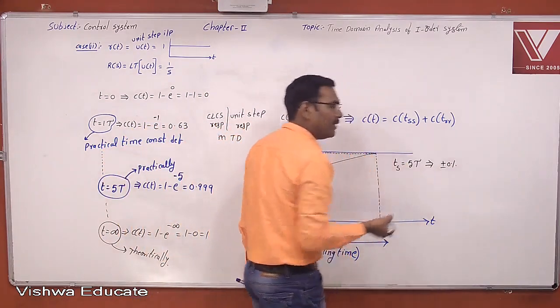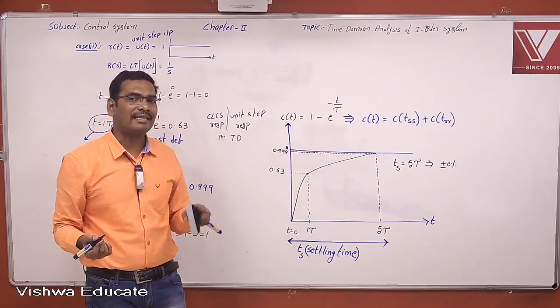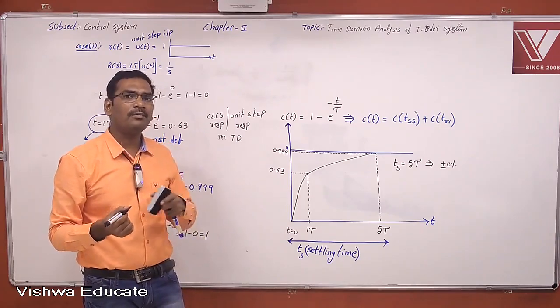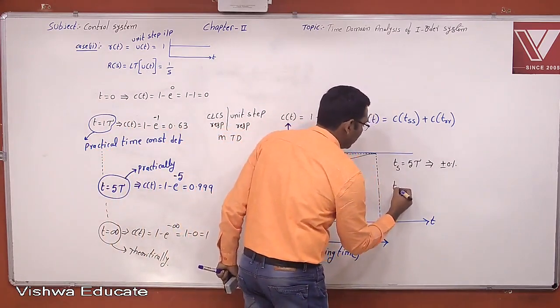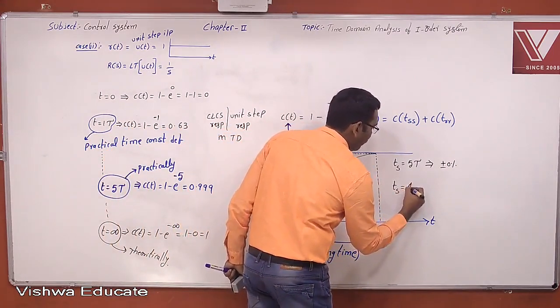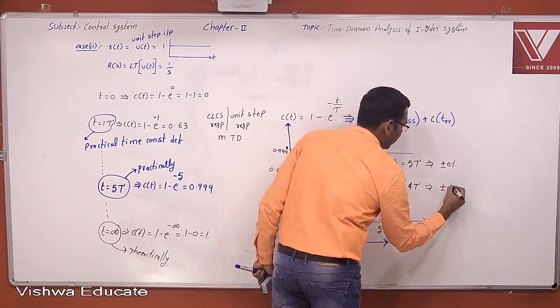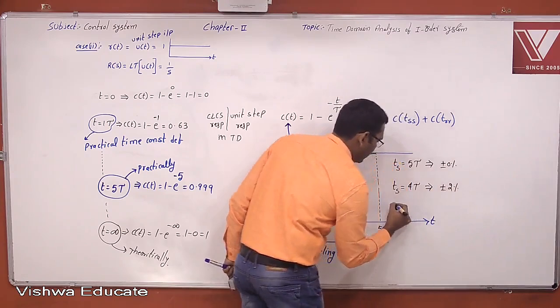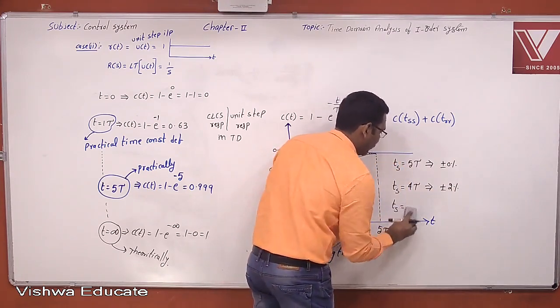But every time error 0 is not possible. Now sir, how much error is acceptable? What should be the acceptable error bands? The acceptable error bands are 2% error and 5% error. Now this is the settling time if error is 2%, and this is the settling time if error is 5%.